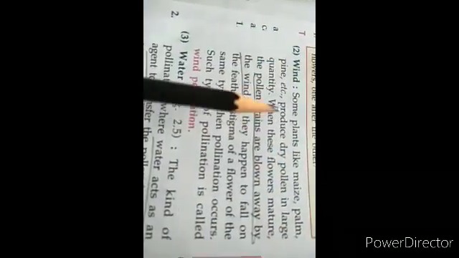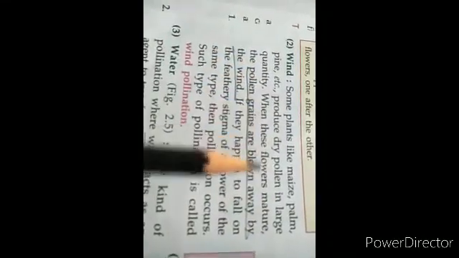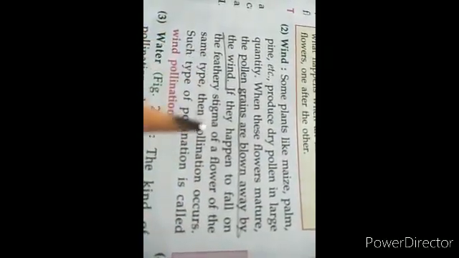The next agent is the wind, and some plants like maize, palm and pine produce dry pollen in large quantity. When the flower matures, the pollen grains are blown away by the wind, and they happen to fall on the feathery stigma of a flower of the same type.